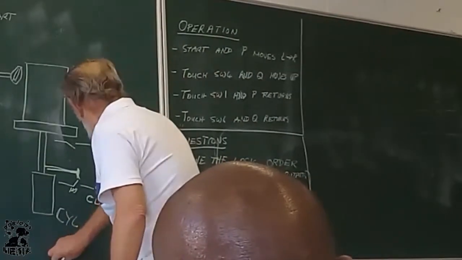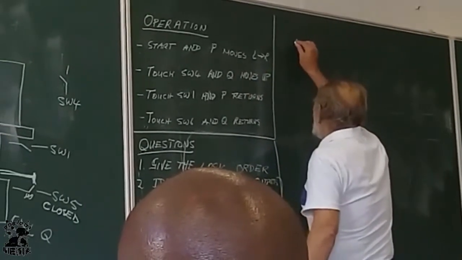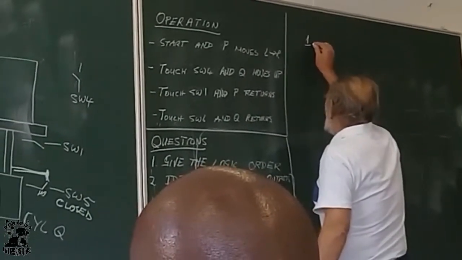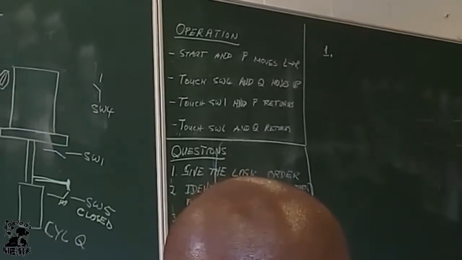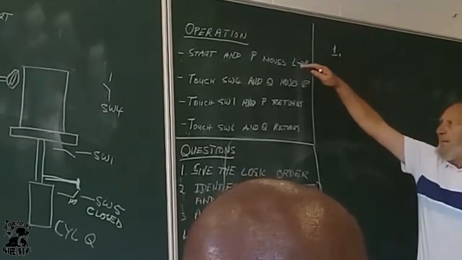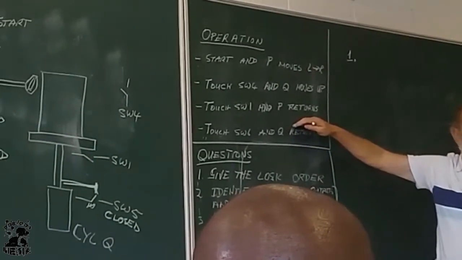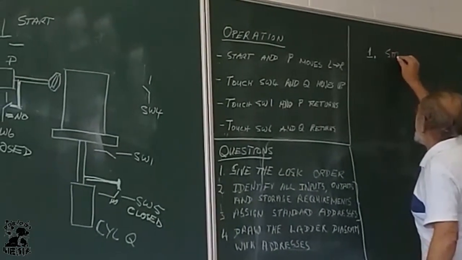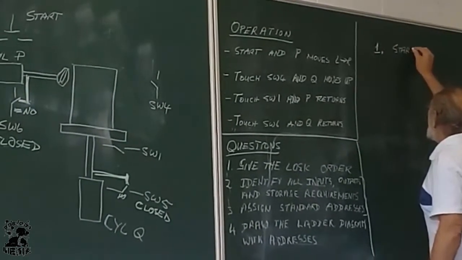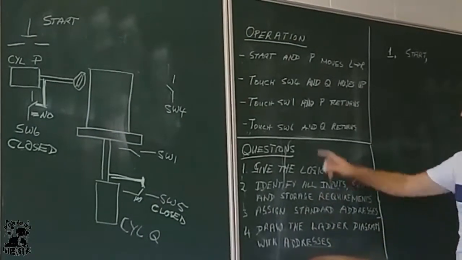Now, we come to question 1. Question 1. Give the logic order. Where do I get that from? I get that from the operation. I press the start button. And what happens if I press the start button?